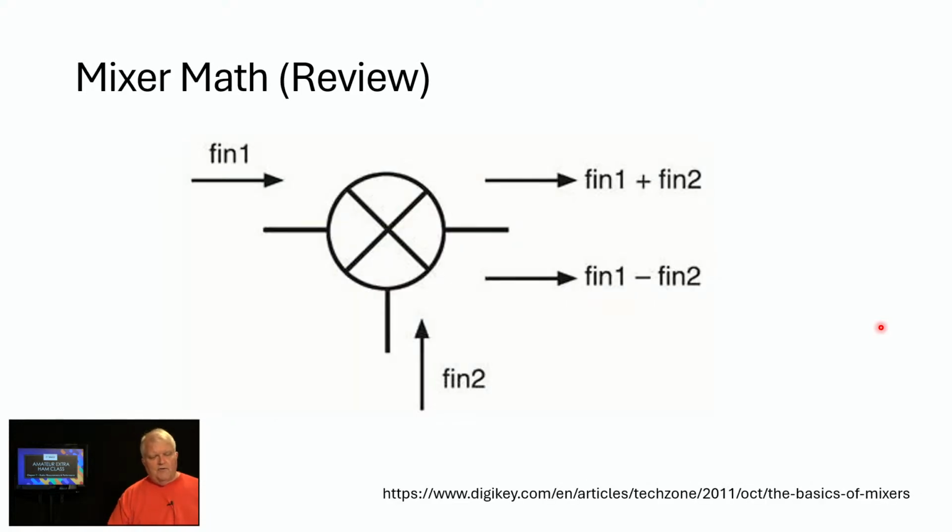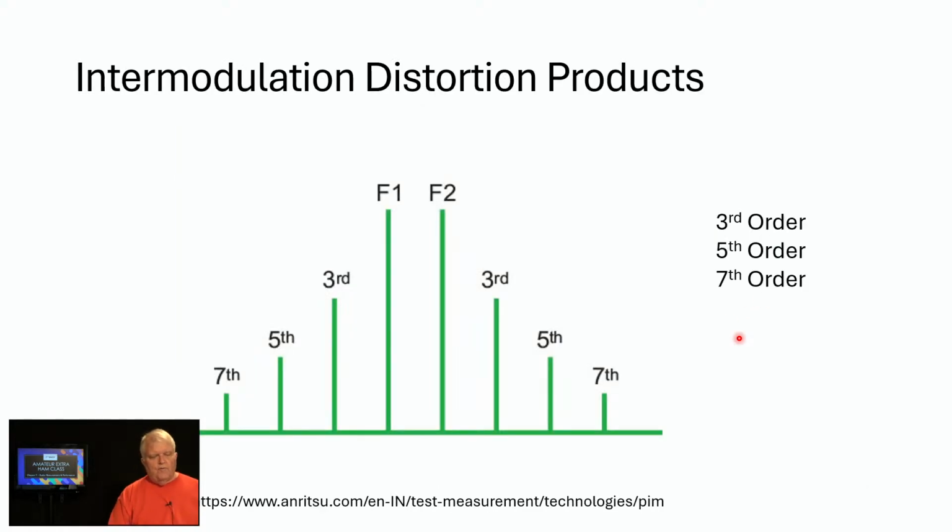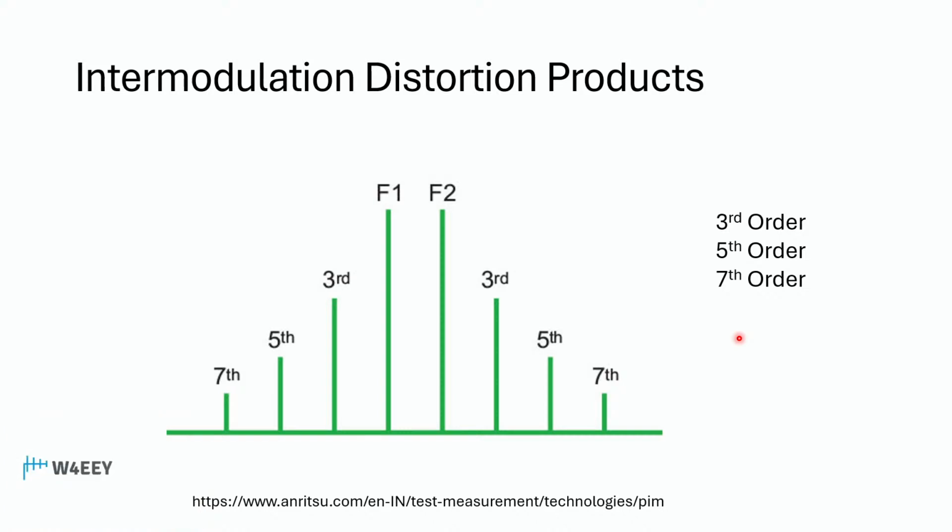Also, we looked at mixers, remember, and we have outputs from the mixers: the sum of the input frequency and the local oscillator frequency, and the difference. And intermodulation distortion products. You can have third order products, fifth order products, seventh order products. So what the heck are you talking about there, Gary?